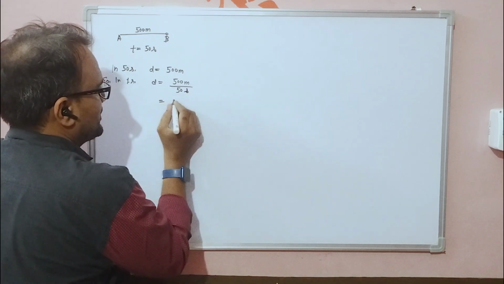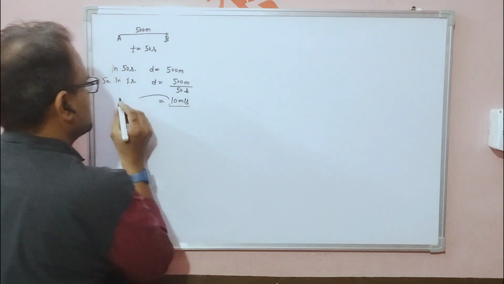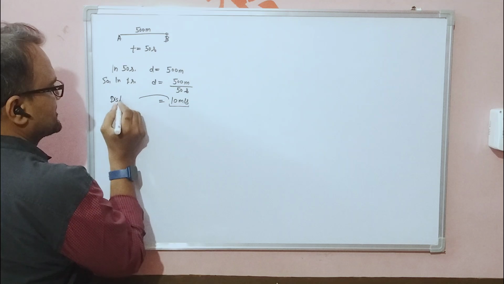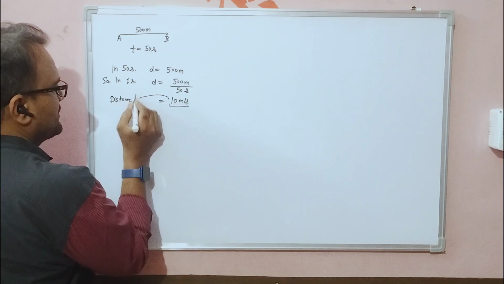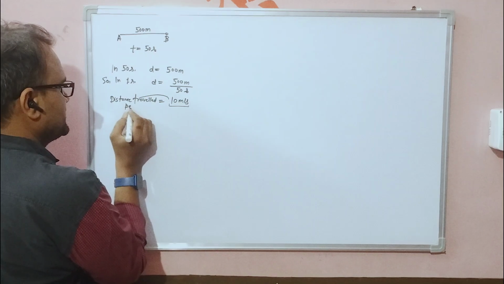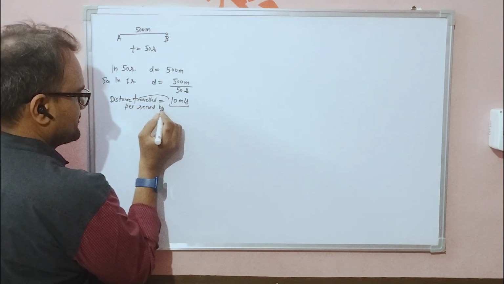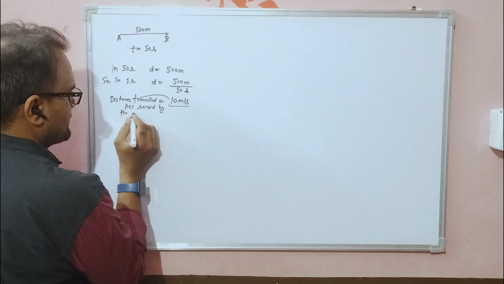And it will give me the value 10 meter per second. So this is the distance traveled per second by the object, right?